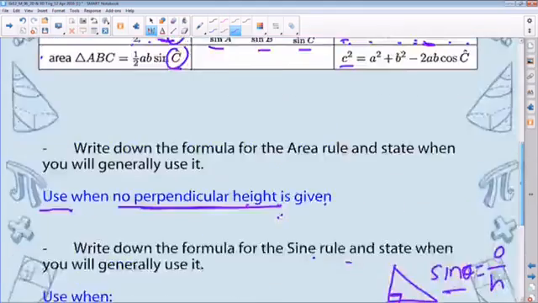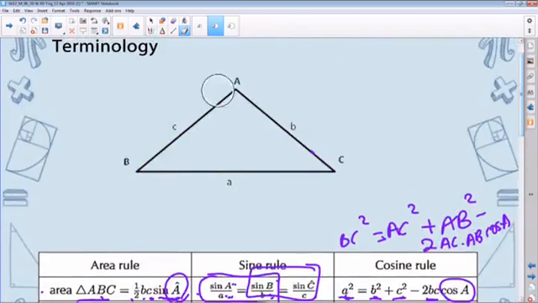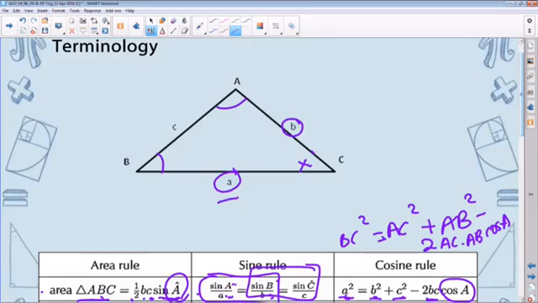So for example, if I go back to my triangle and I want to use the sine rule in this triangle, let's say we're using this one: A over sine A is equal to B over sine B. What you will notice is that it cannot be the included angle. So if I was given angle C, and I had to work out, say, side A, it wasn't going to work, unless I've got two angles so I can work out the third angle.